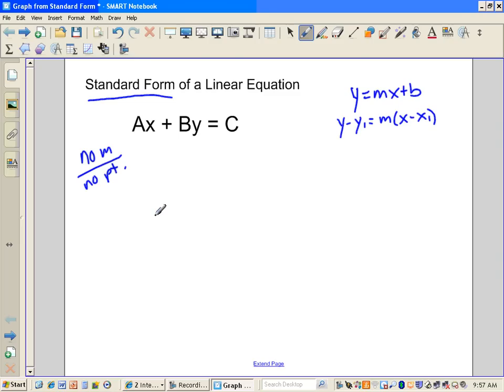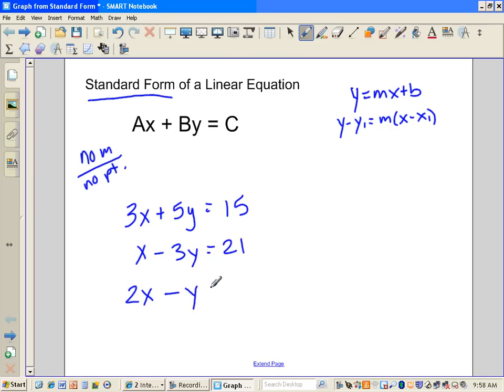Some examples of what this looks like with numbers instead of a, b, and c might be 3x plus 5y is equal to 15, or it might just be x, as the 1 is implied, minus 3y is equal to 21. Or same thing, you could have a value for the x in front of the coefficient, but maybe just minus y is equal to negative 14.